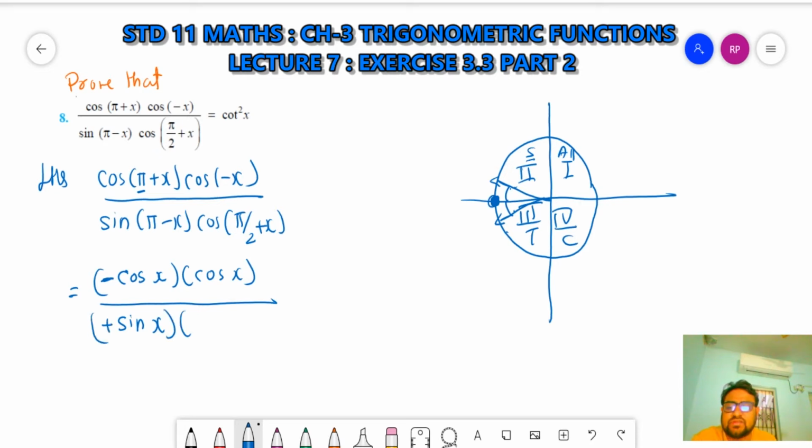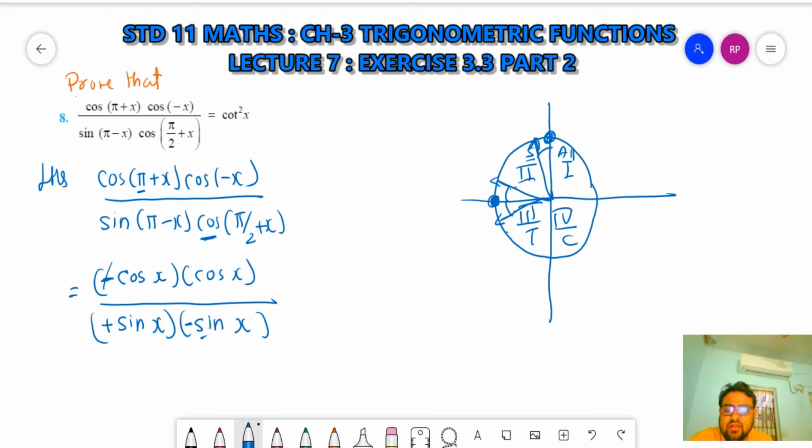Cos(pi by 2 plus x): pi by 2 shift, that means cos will get converted to sine, so it's sin x, now with plus or minus. Pi by 2 plus is in the second quadrant, where cos is negative, so here I will put minus sin x. Check this sign, not that one.